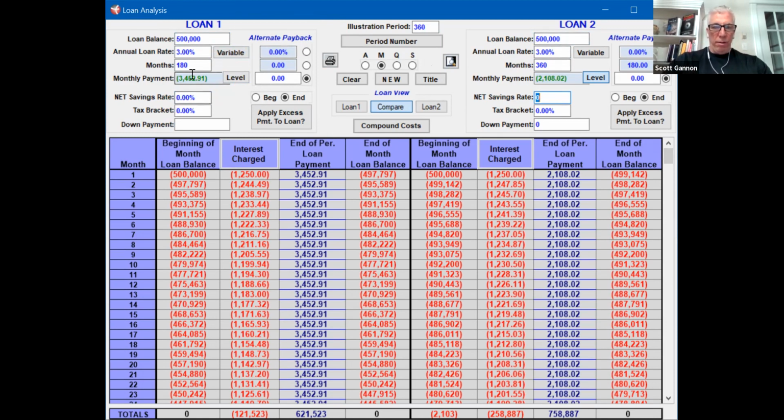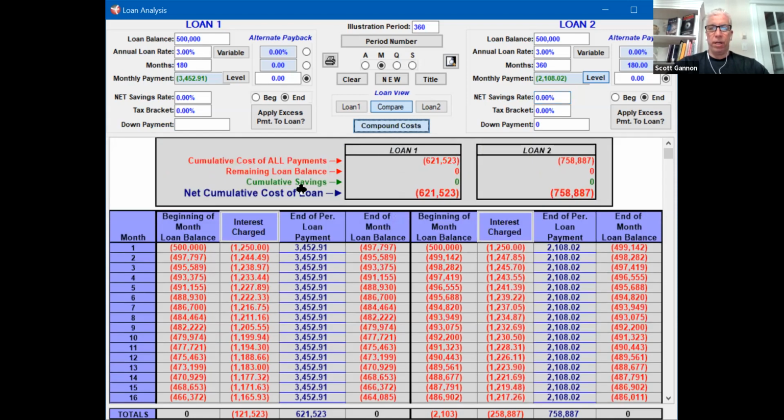And the payments are $3,452.91 on the 15 year and $2,108.02 on the 30 year. Now, when we look at this, let's compare the compound costs. So the loan number one, over 15 years, you pay $621,523. Loan two, $758,887, and that's total, including the $500,000 loan.